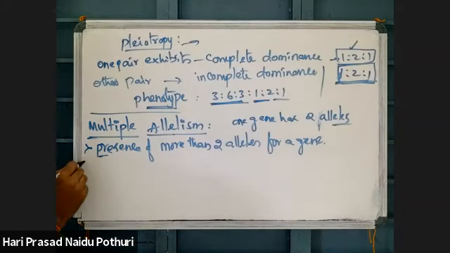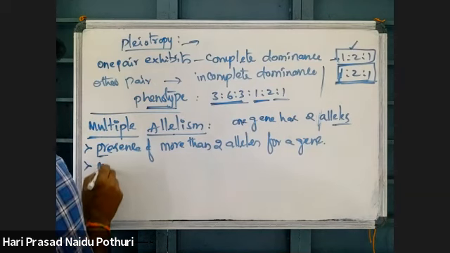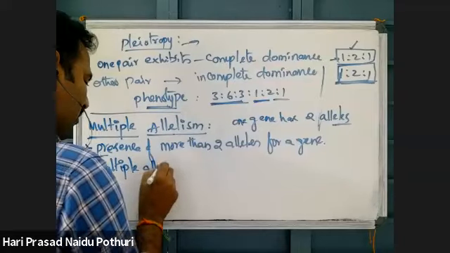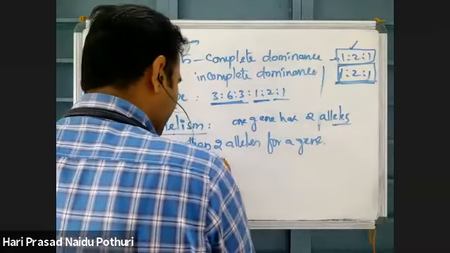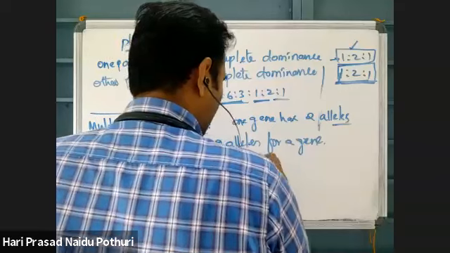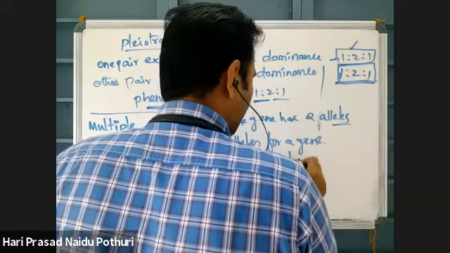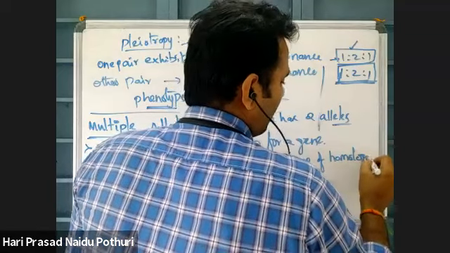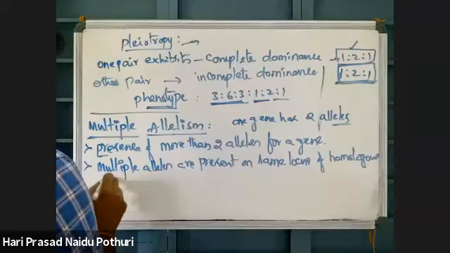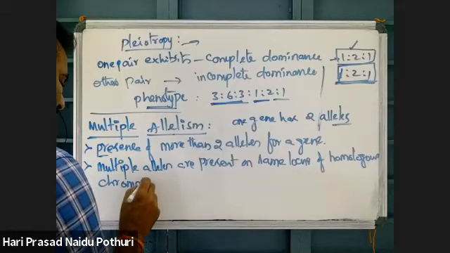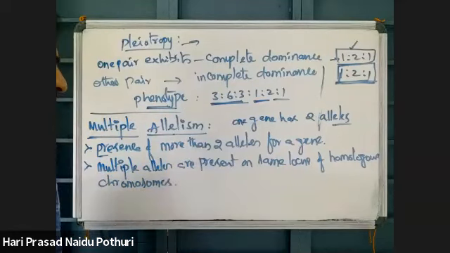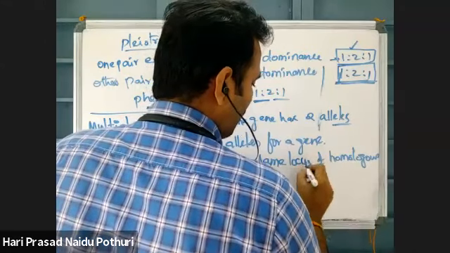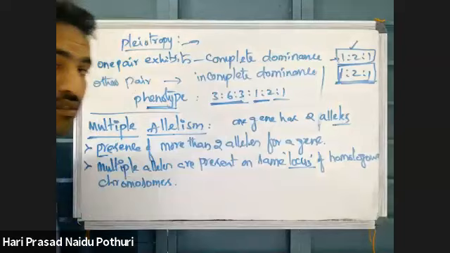These multiple alleles are present on the same locus of homologous chromosomes. What are homologous chromosomes? At the beginning of the chapter, I gave some definitions like homologous chromosomes and locus.